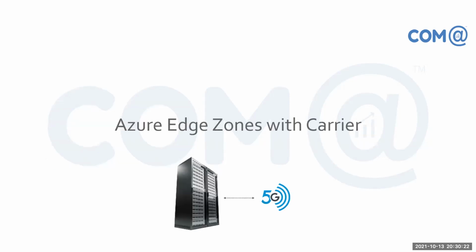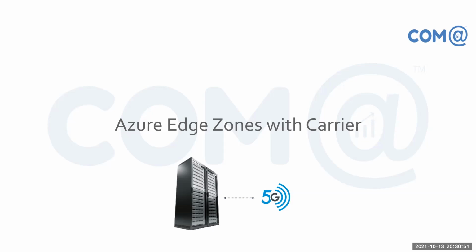And speaking about edge zone with carrier. Edge zone with carrier is basically for the employees of the organization, where they should access their application or the services with a high speed, even if the resources are in the cloud, so they should be able to access these resources as if the resources are in their on-premises location.